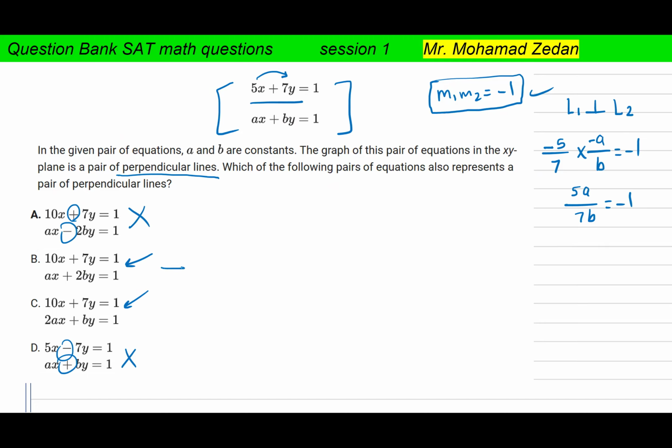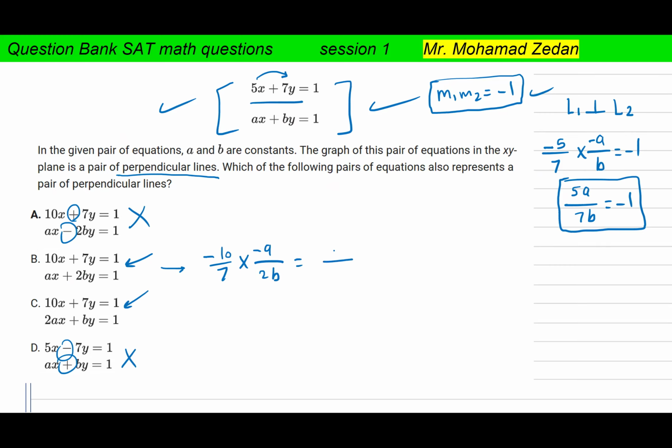You can test option B and option C. Let me test B, for example. You test one of these and check that you get the same ratio between 5a and 7b, to be sure they are perpendicular, the same as the given pair of equations. So apply the same rule. The gradient of the first line is -10/7, multiplied by the gradient of the second line, -a/2b.